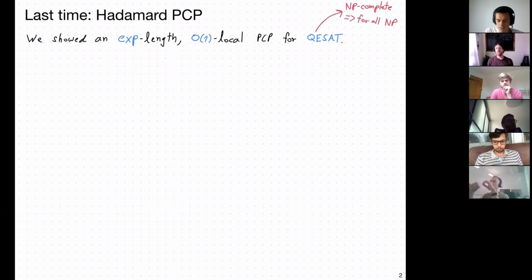This is an NP complete problem where we have a set of quadratic equations and we want to know whether there exists an assignment that makes all of these equations zero. Since it is NP complete, for any language in NP, we can take the NP witness, encode it by adding some exponential redundancy, and then verify the proof using O(1) queries.